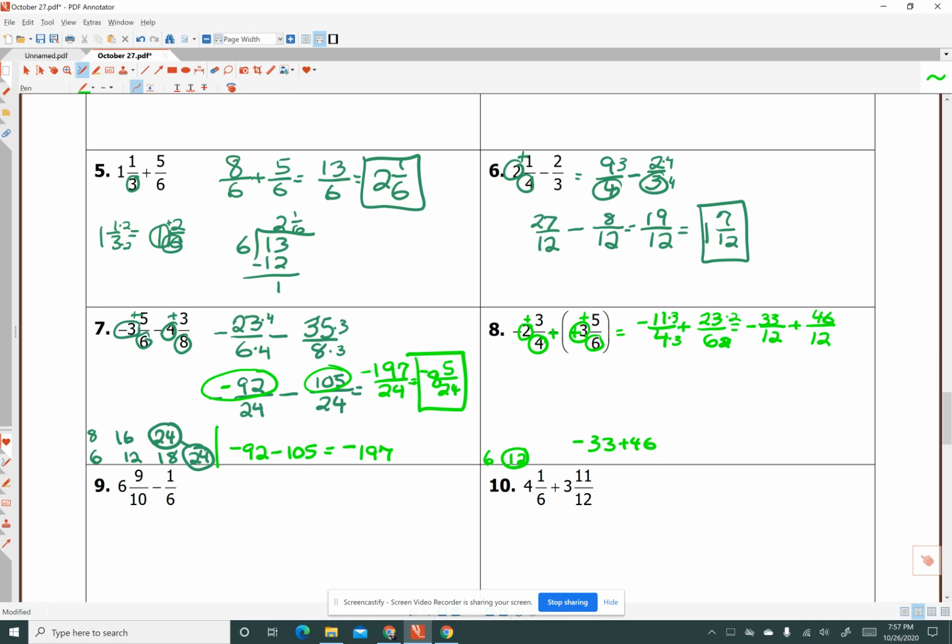And the rule for integers is we ignore the sign, we subtract, and we take the sign of the larger number, which here is positive. So it would be positive 13 twelfths, and 13 twelfths can be simplified to 1 and 1/12.